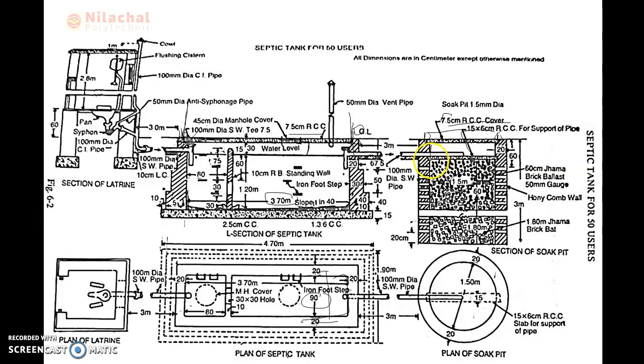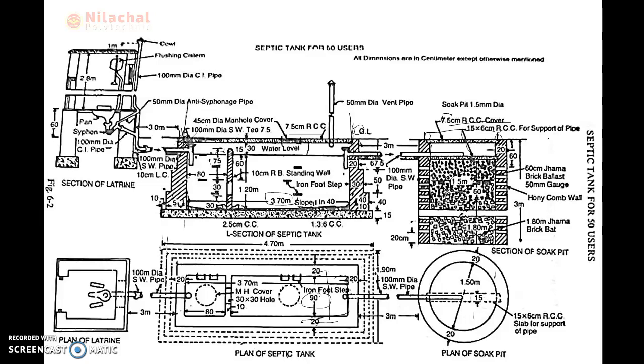Because the RCC needs a support, the support is given by the side wall, which is a 20 centimeter wall. So the offset or the bearing we consider for the RCC support is 10 centimeter and 10 centimeter for both sides. We know the inner distance or the breadth of the septic tank soak pit is 150 or 1.50 meter.